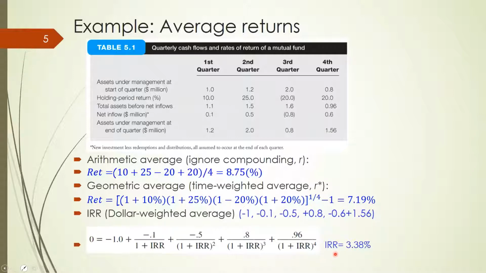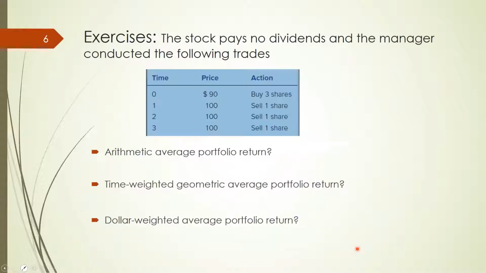However, if we account for different dollars invested with the portfolio, each dollar on average is earning 3.38% per quarter. So that suggests bad timing of the investors because of the cash in, the net flow, positive flow and negative flow to the funds.